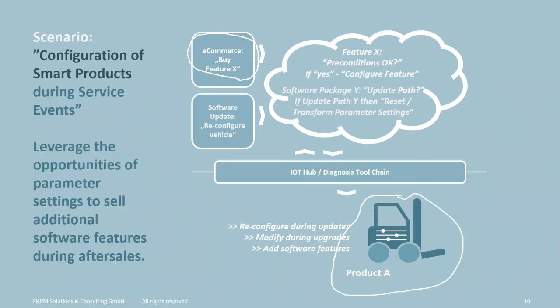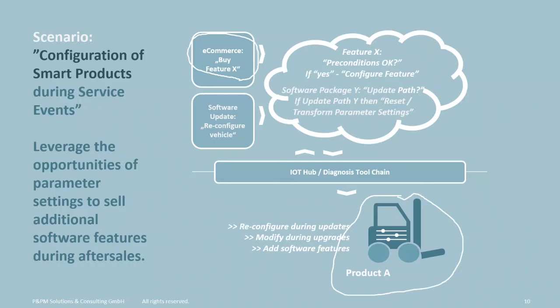So you see, adding features to existing products in the field could be enabled simply via software variant coding without any additional hardware supply. So we are not talking about, let's say, adding any hardware to our product. This feature enrichment during this after-sales event is simply enabled by changing the software and parameter configuration of your device.